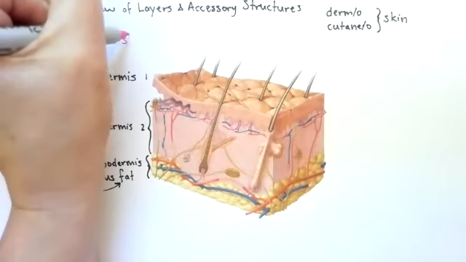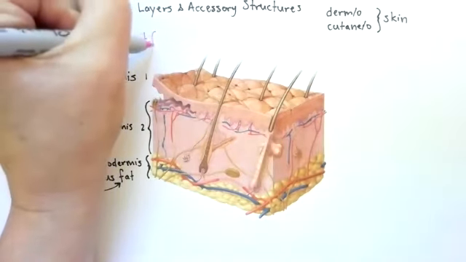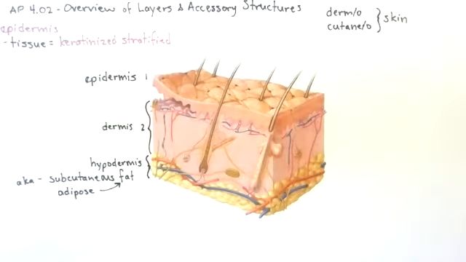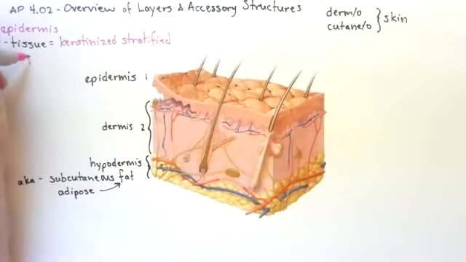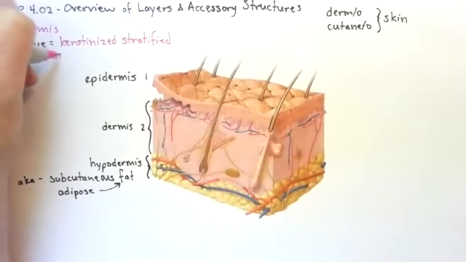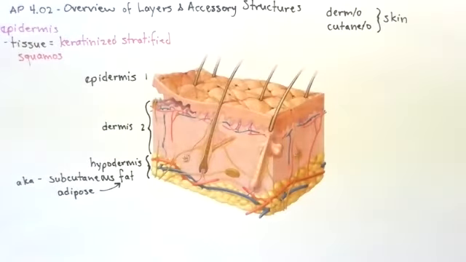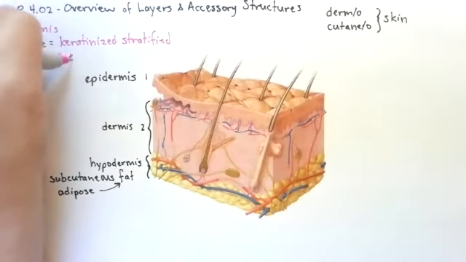Next word we have is stratified. Stratified means layers. The next word is squamous. Keratinized, stratified, squamous, and then we have the term epithelium.